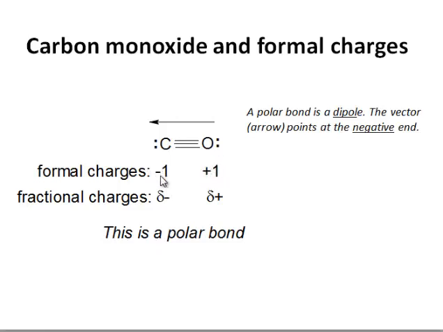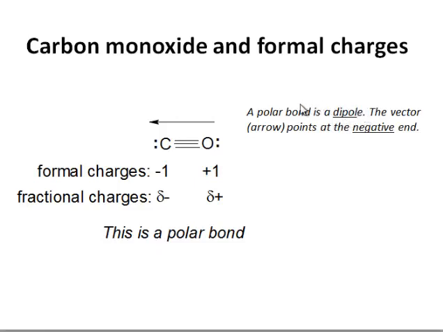That's good. We've discussed fractional charges before. This carbon actually has a fractional negative charge, and this oxygen has a fractional positive charge. This is an example of a quote-unquote polar bond. There's a positive and negative end.